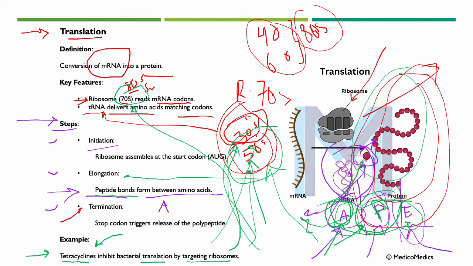All of these bind to the 50S subunit, preventing translocation of the ribosome along the mRNA. And these macrolides are typically bacteriostatic.